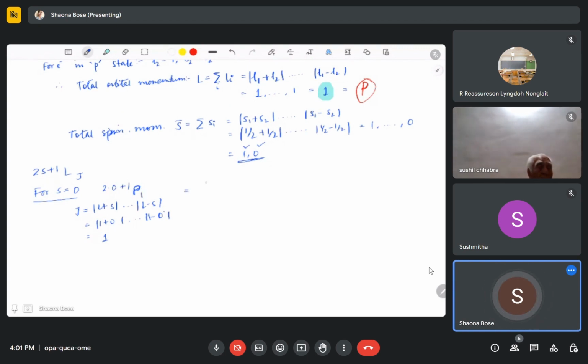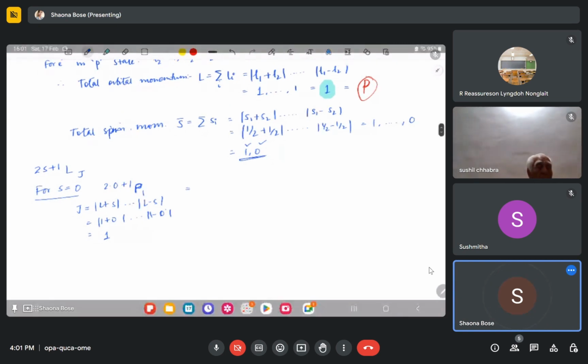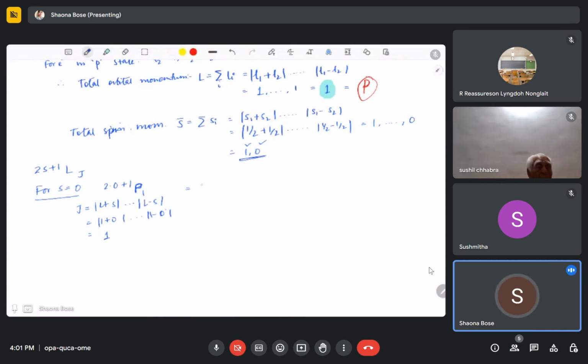So for S equal to 0, we just have one term symbol, which is 1P1.